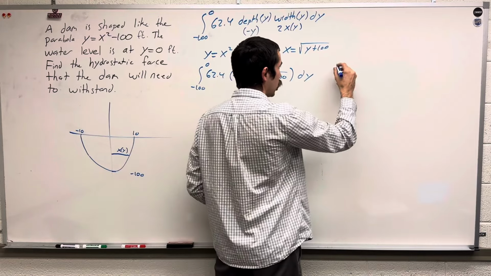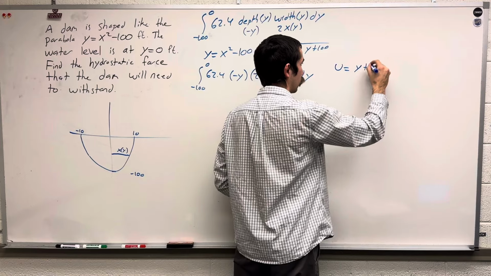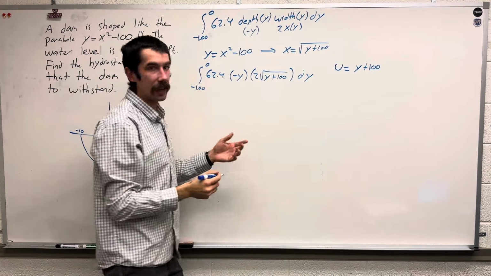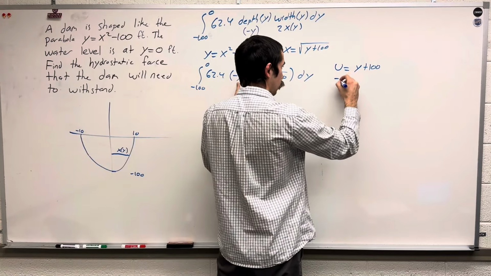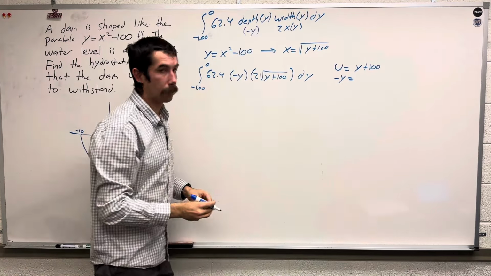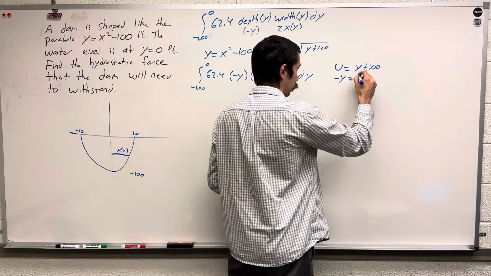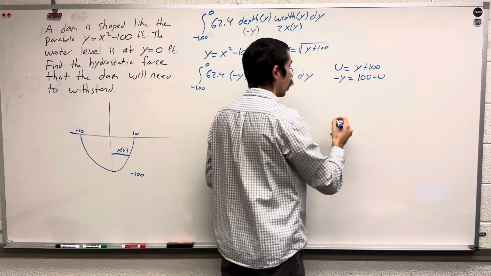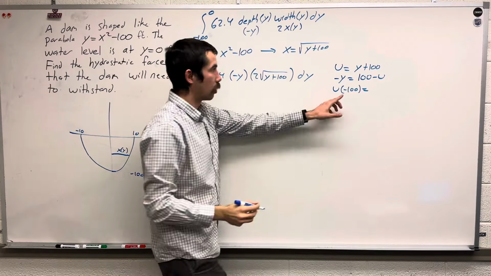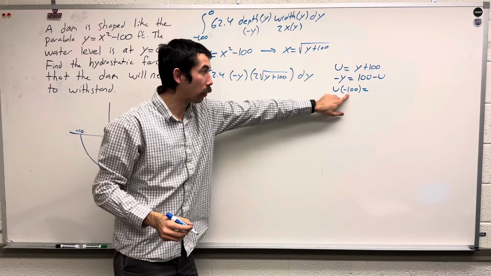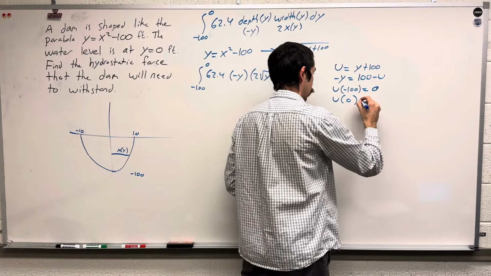All right, so we're going to let u be the inside of this square root. And so du is just dy. And negative y is going to be 100 minus u. Our new bounds, when we sub in y equals negative 100, our new lower bound is 0, and when y equals 0, our new upper bound is 100.